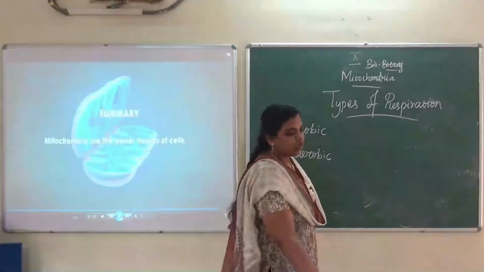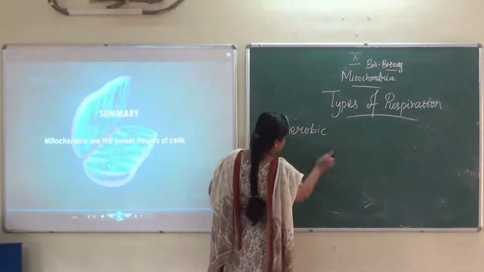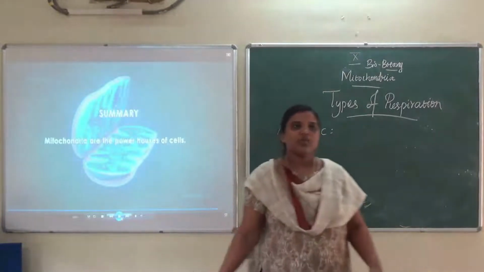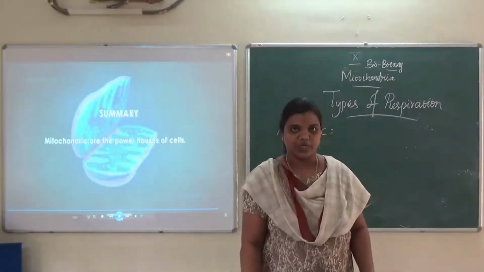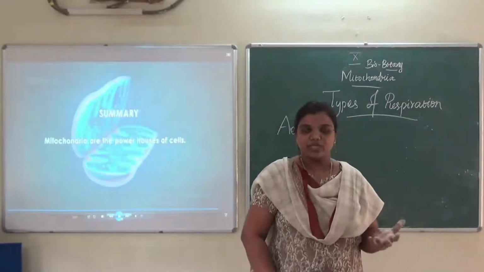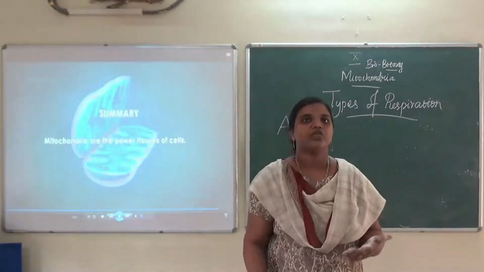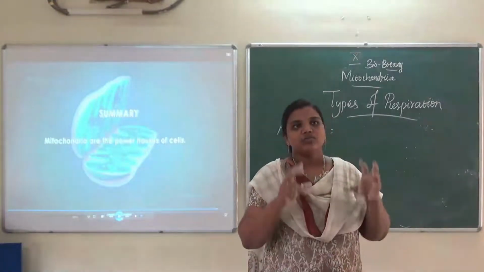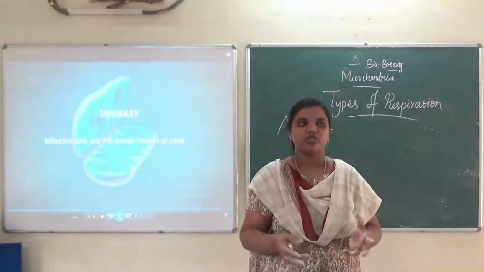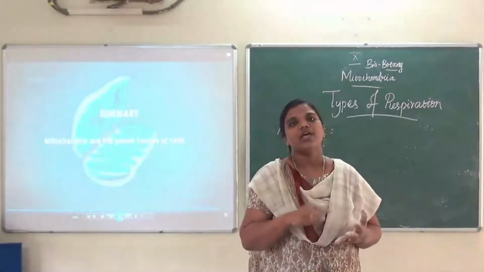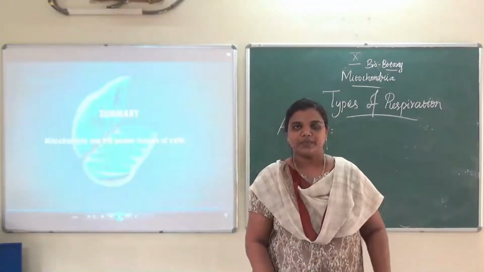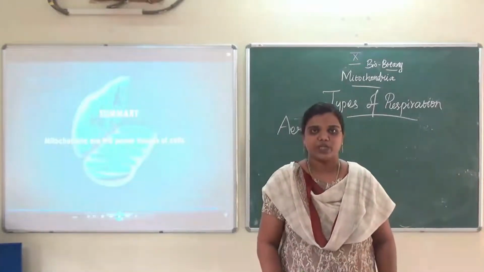First you have to see aerobic respiration. In aerobic respiration, the mitochondria is the cellular respiration organelle. Oxygen is used to break down the complex food molecules, producing carbon dioxide, water and energy, which is known as aerobic respiration.